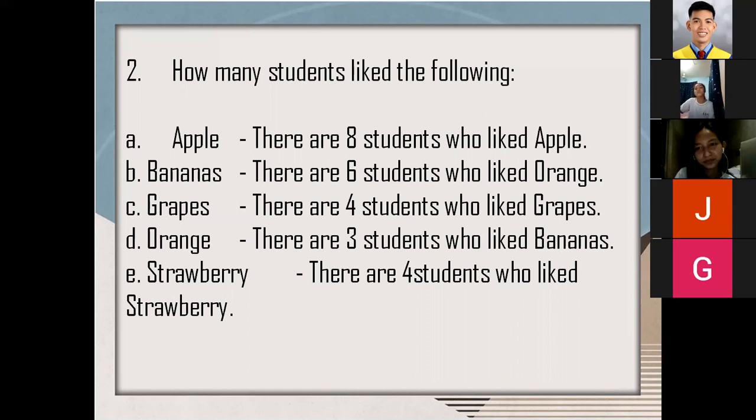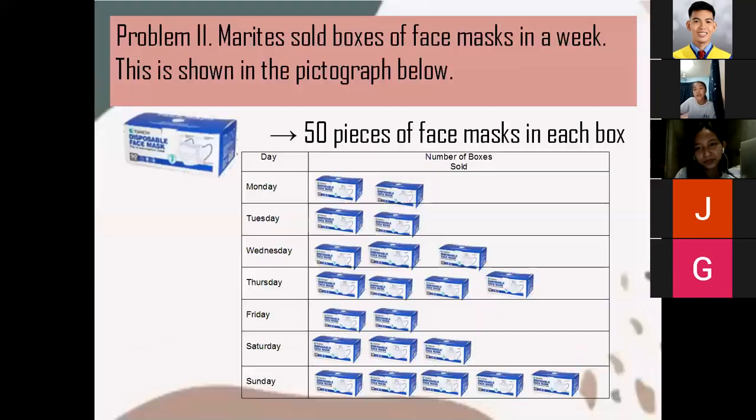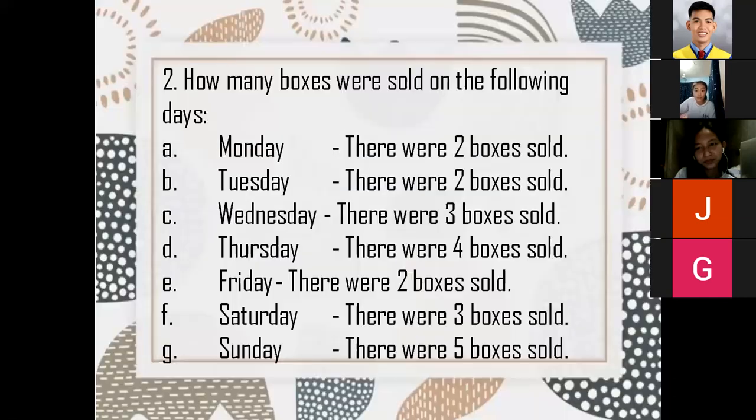How many pieces of face masks were sold on the following days? Monday, 2 boxes times 50 equals 100 pieces of face masks. Tuesday, 2 boxes times 50 equals 100 pieces. Wednesday, 3 boxes times 50 pieces equals 150 pieces.